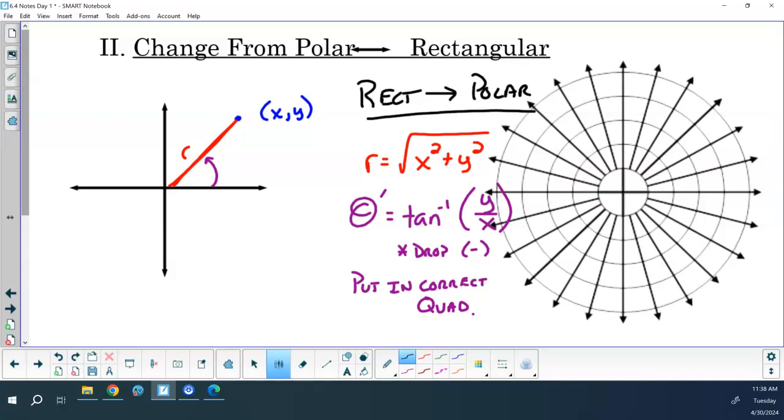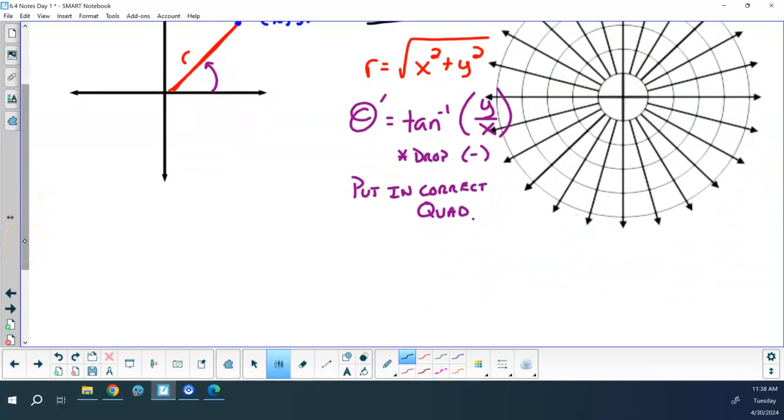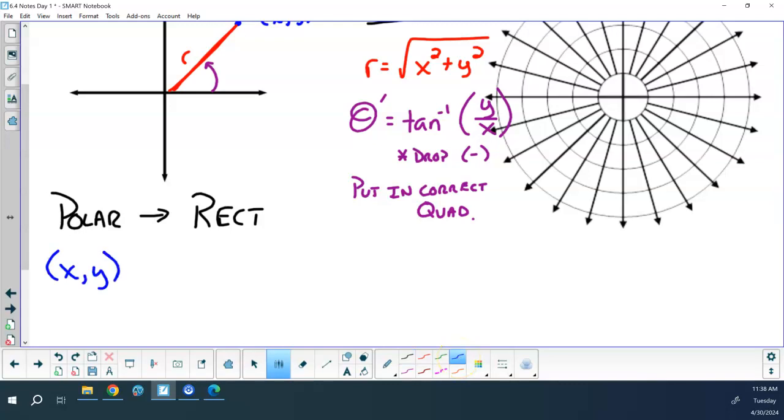Going the other way, from polar into rectangular, we need the point x comma y. Oops, excuse me, I should go the other way. Tap the brakes.